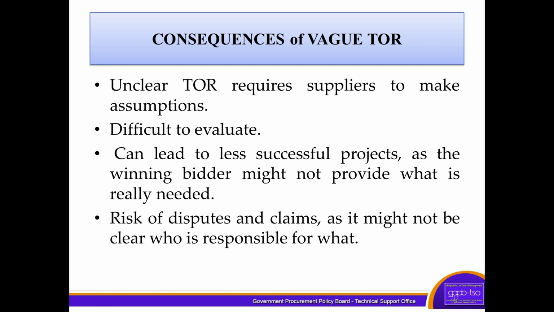Another consequence of a vague TOR is that it is difficult to evaluate, and it can lead to less successful projects as the winning bidder might not provide what is really needed. There is also a risk of disputes and claims as it might not be clear who is responsible for what. Therefore, the accountability for both parties should be clearly defined in the terms of reference.